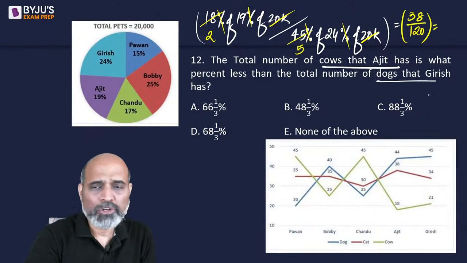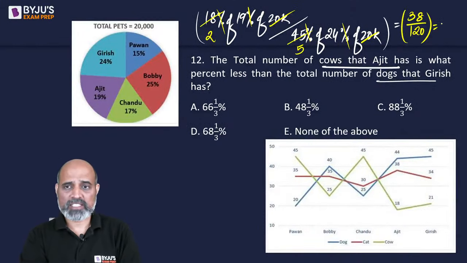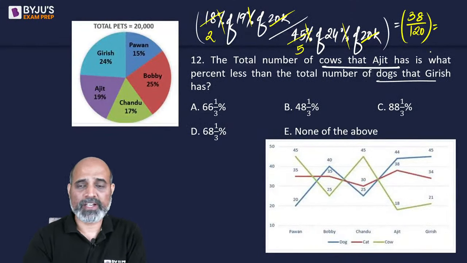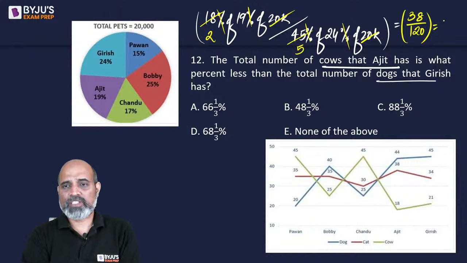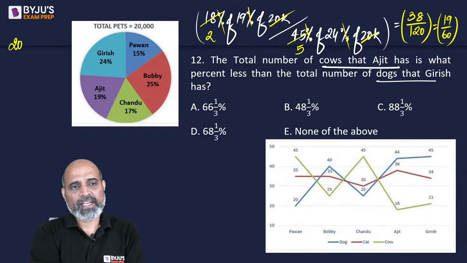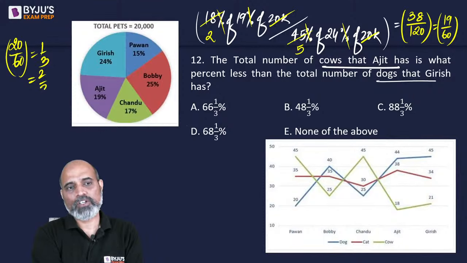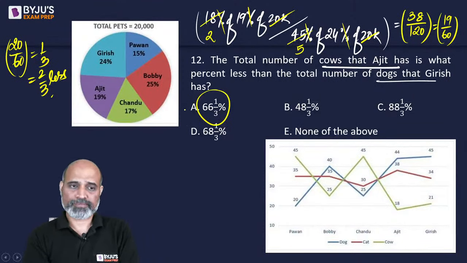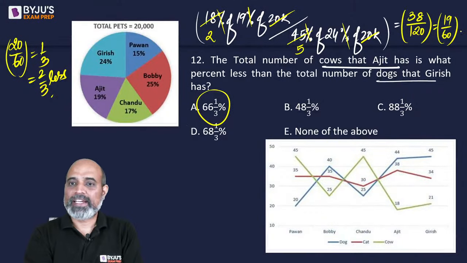ठीक है, calculation में कोई दिक्कत नहीं है, because this is what we got previously as well, right? So this can be further simplified as 19 by 60. 2 से divide कर लोगे. Now 20 by 60 is 1/3, or we can say 2/3 less, and 2/3 को अपन 66 1/3 भी बोलते हैं, पता है ना? Is this 20 by 60?